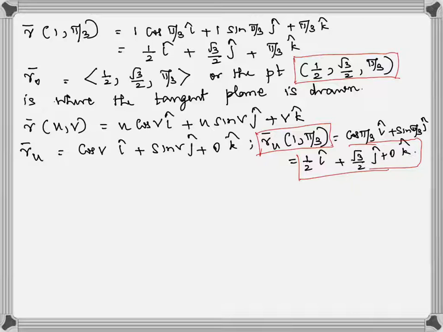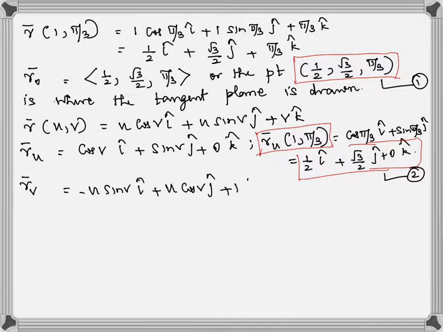Similarly, we have to determine r_v. r_v is obtained by differentiating with respect to v. So it is negative u sin v i + u cos v j + 1k.